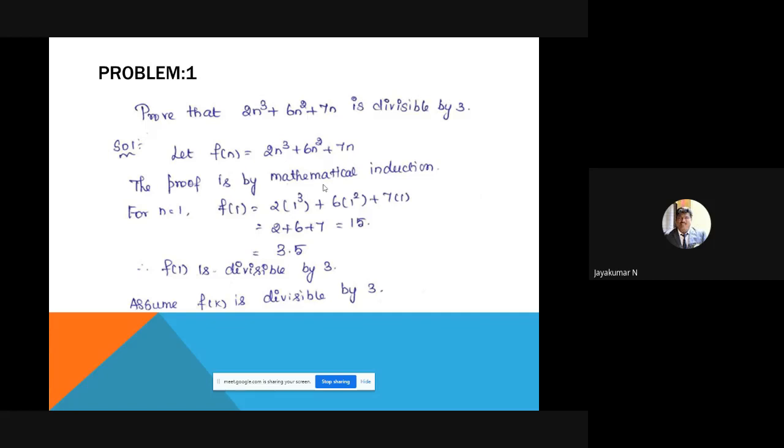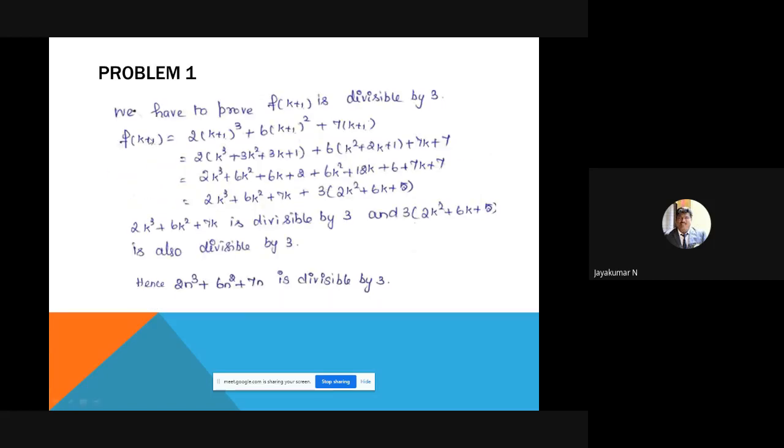So from f of k plus 1, I have to arrange the elements so that 2k cube plus 6k square plus 7k is one separate part and the remaining is another. Then I can say that by assumption this is divisible by 3, then think about the remaining.